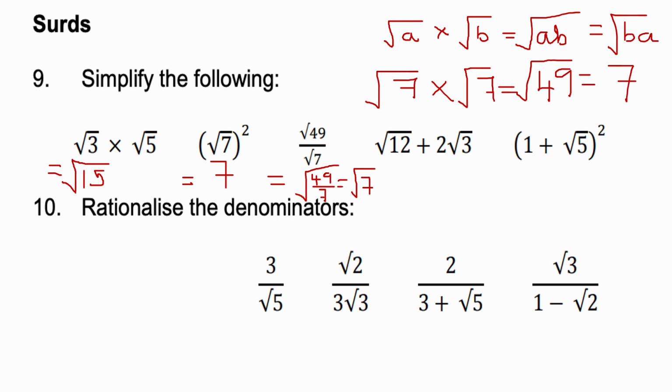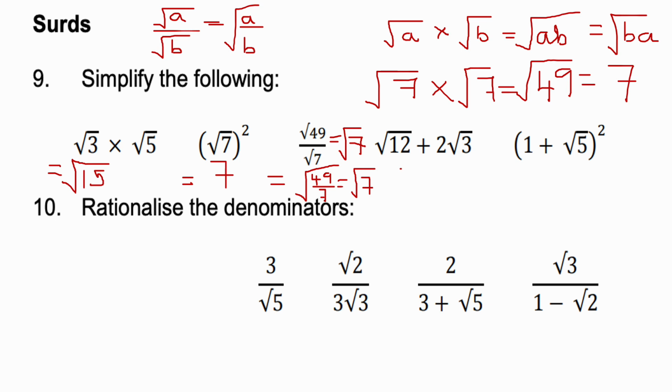So root 49 divided by root 7 is just root 7. So another law is the square root of A over the square root of B. I can write that as the square root of A over B.